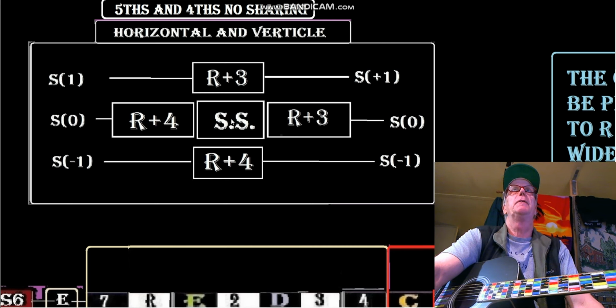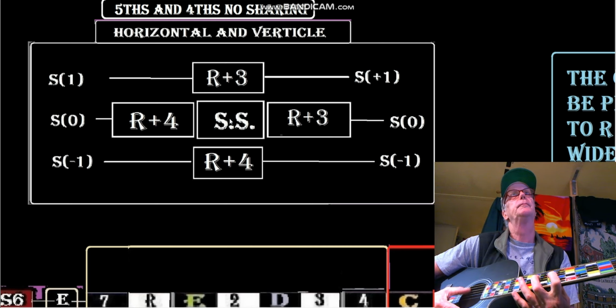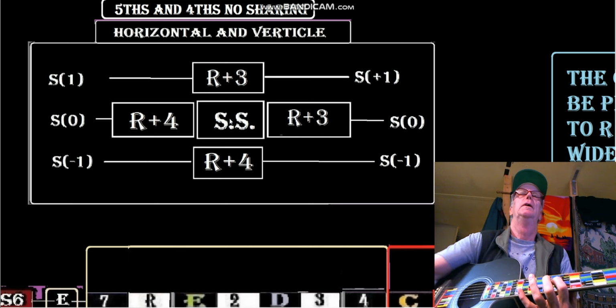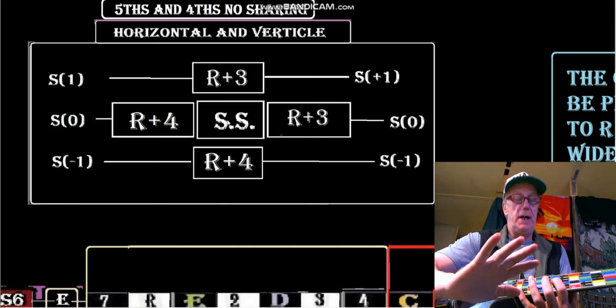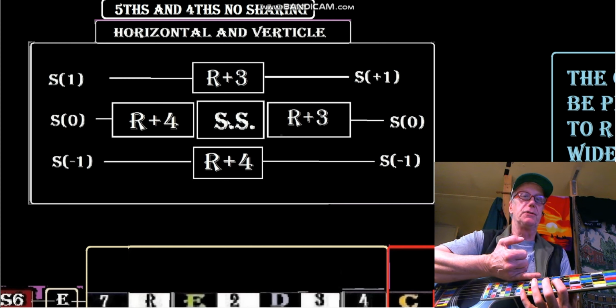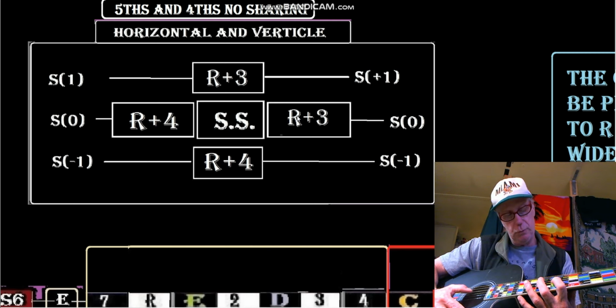So here we have a string shape, let's say 5, 6. Now that's root. We're going to call that root even though it's not the base string shape. So root plus 3 is the next string shape up. So here's root, here's 1, 2, 3.